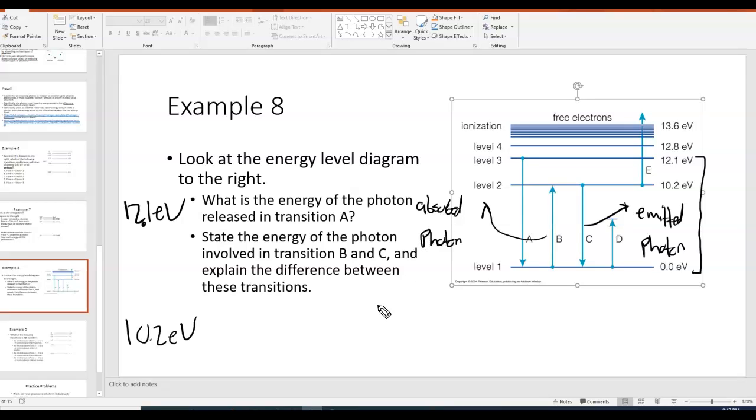In order to go up to a higher energy level, it has to take in energy somehow, so it has to absorb a photon. When that electron is done being excited and it falls back down, it has to give that energy back in the form of a photon. That's the only difference between B and C. Pause there if you need to look at that, and we'll do one more example.